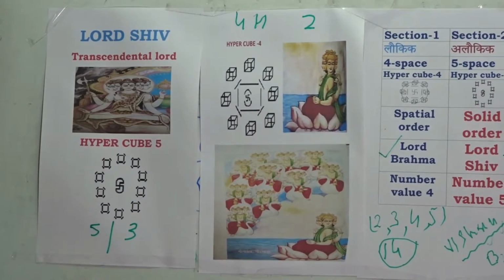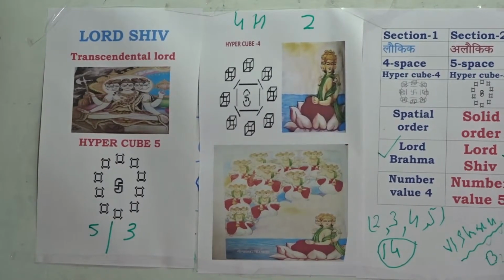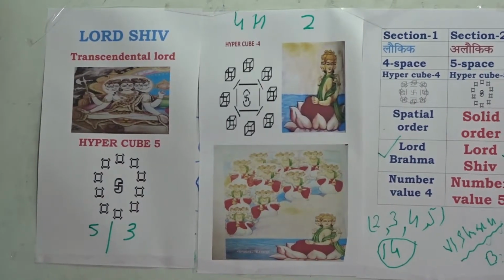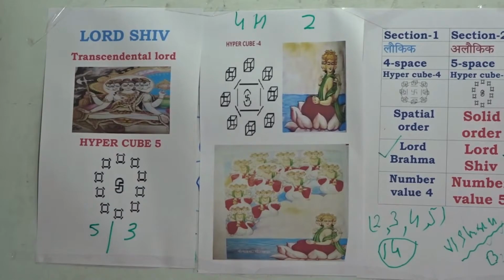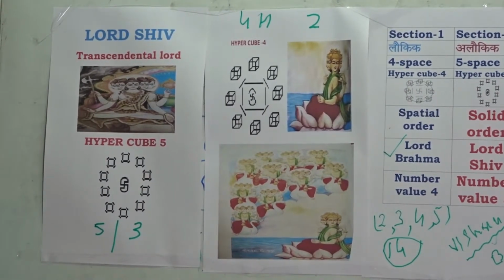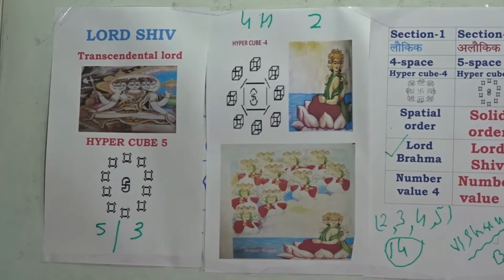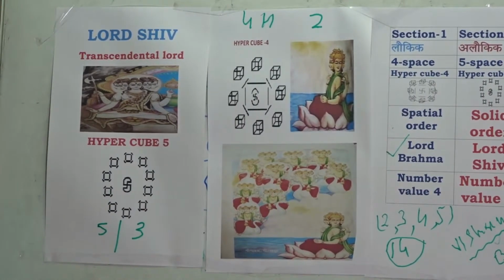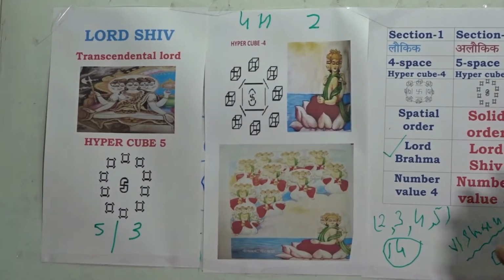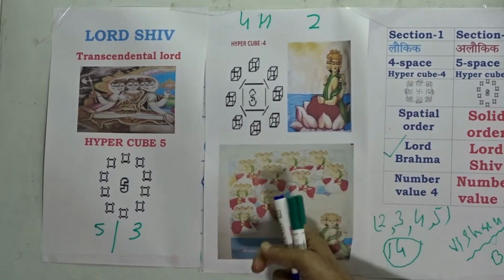This meditation means that we shall sit comfortably and permit our mind to transcend within the cavity of our own heart, where is the seat of the transcendental Lord, and then with the grace of transcendental Lord Shiva, there would be a tenfold multiplication, of the order of the multiplication of Lord Brahma as 10 Brahmas.